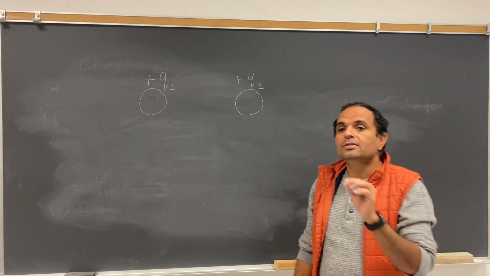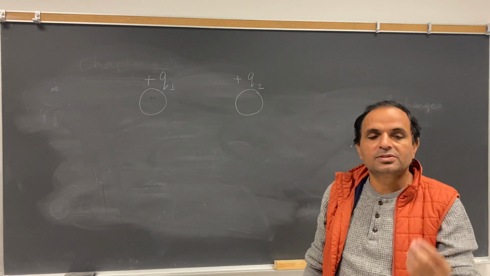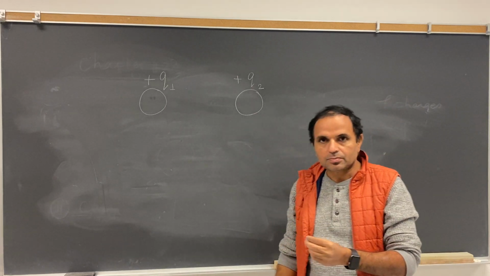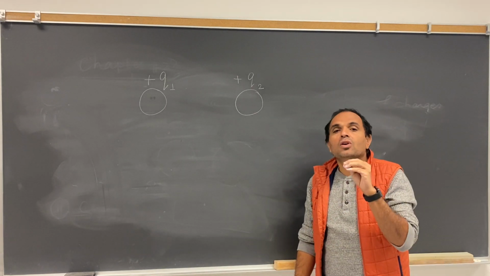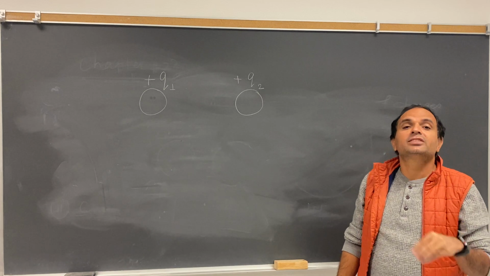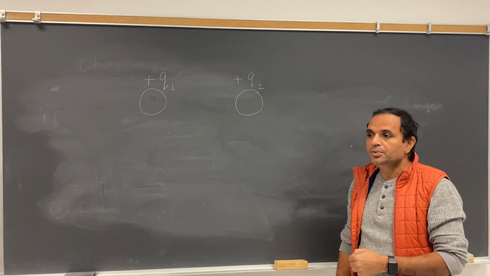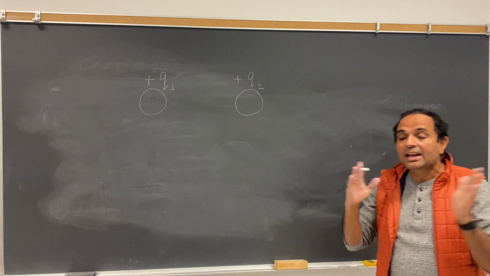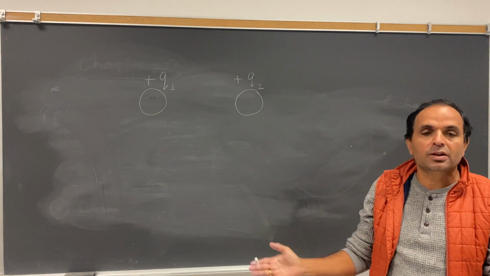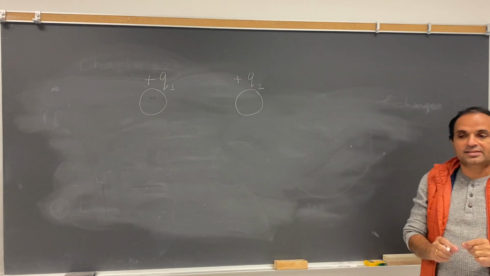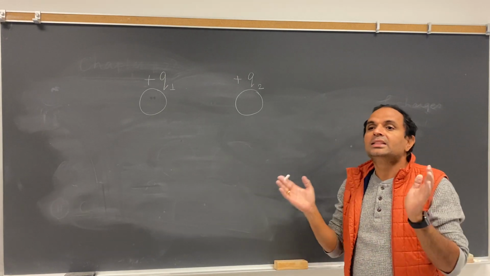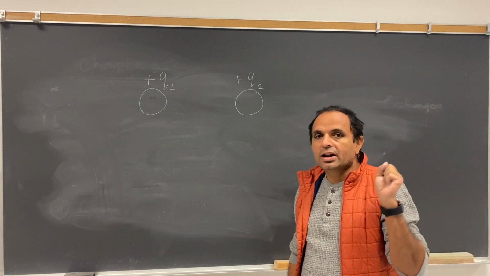So there is a force between two charged objects, two charged particles. That is called the electrostatic force, and that force is attractive as well as repulsive. If you have like charges, they repel, so that is a repulsive force. And if you have unlike, dissimilar charges, they attract, we call that attractive force.